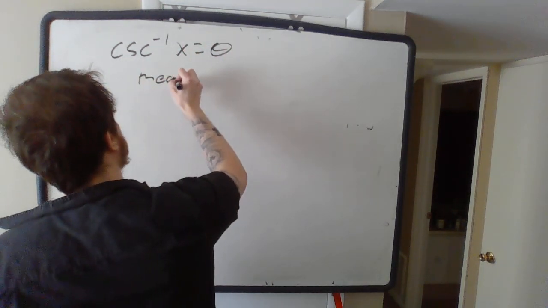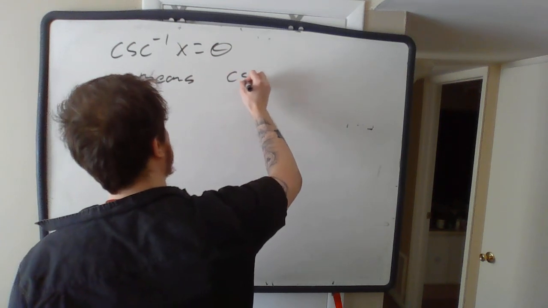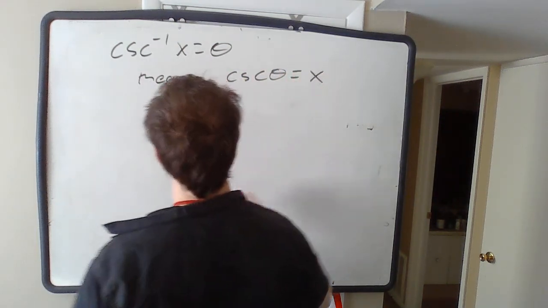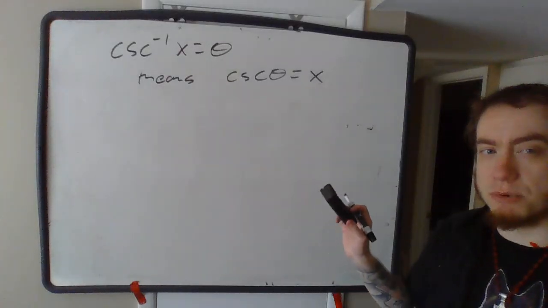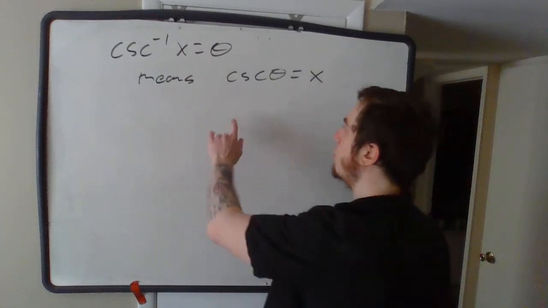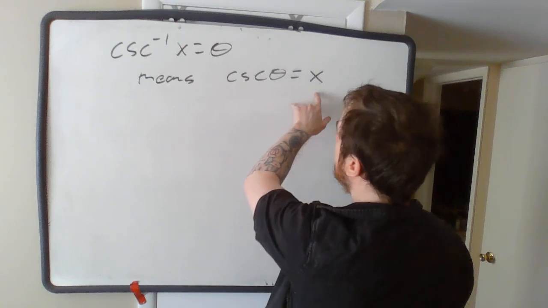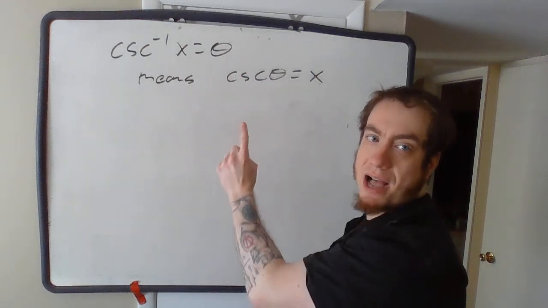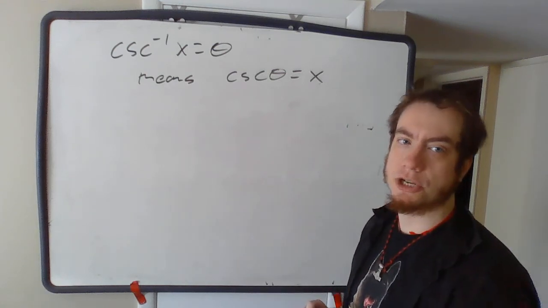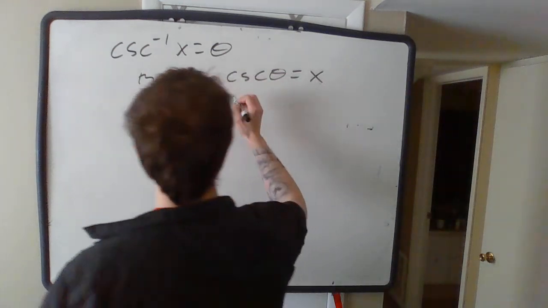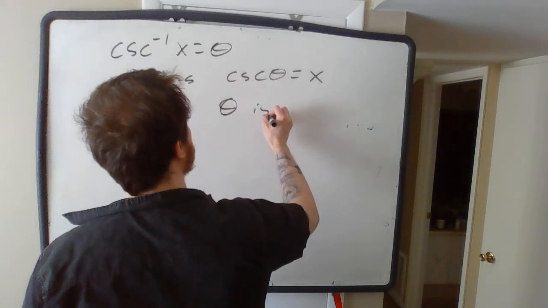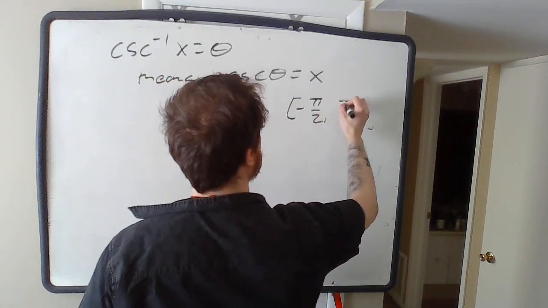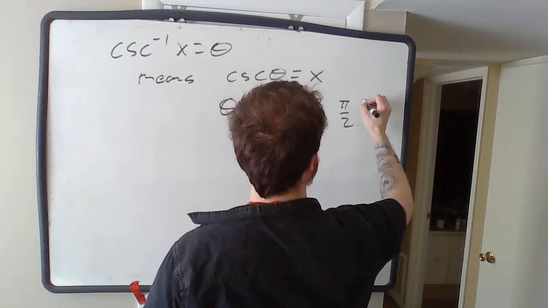This means that the cosecant of theta should be equal to x. And remember that this is the reciprocal of sine. So we want this to land in the angle between minus pi over 2 and positive pi over 2, because that's the range for inverse sine. So we also want theta to be in minus pi over 2 up to positive pi over 2.